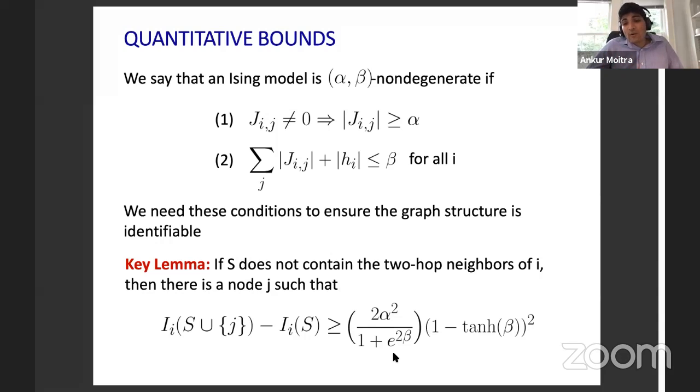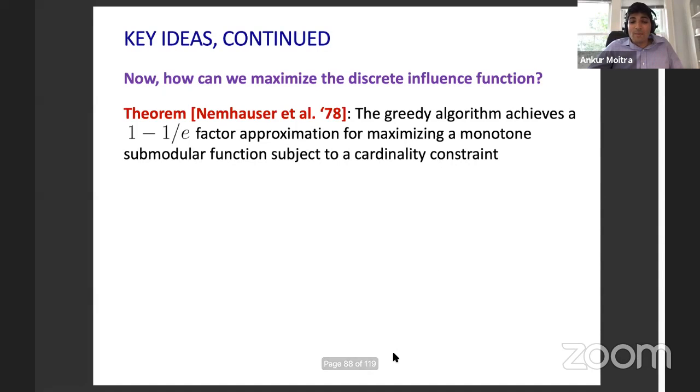So this is a progress measure: when you keep adding nodes that have a large influence, then as long as you don't have the two-hop neighborhood, there always is some way to make progress on the discrete influence function. And ultimately, the discrete influence function is lower bounded by -1 and upper bounded by +1. So this process can't go on too long until you find some superset of the two-hop neighbors.